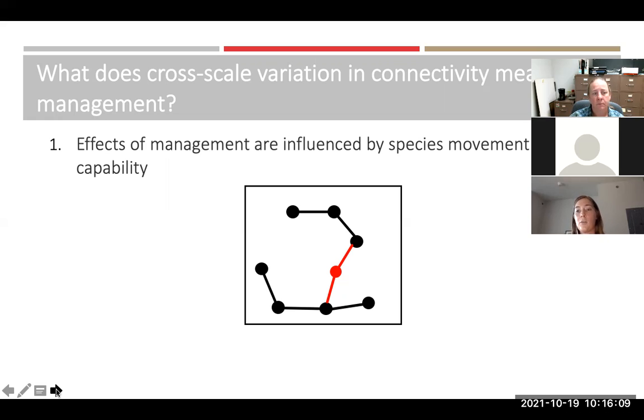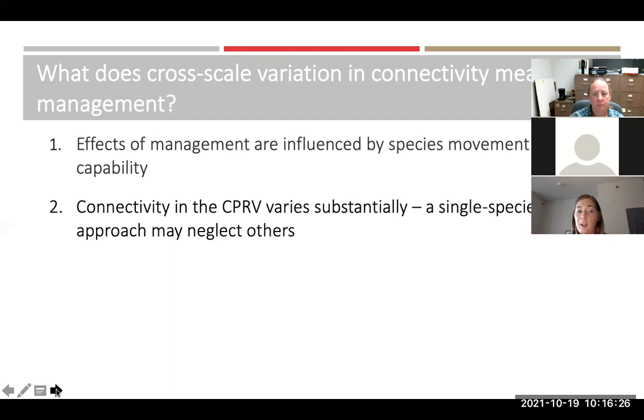habitat. So this is sort of a broad picture analysis and presentation, but I think this is one way to think about how this variation comes into play in management. A second takeaway that's very connected to the first is that there is substantial variation in connectivity in a landscape like the Central Platte.